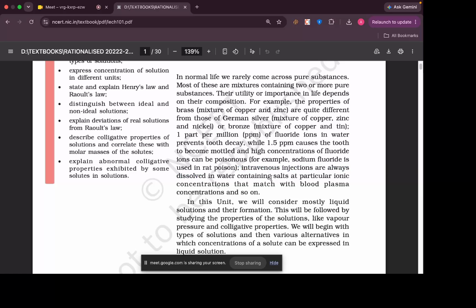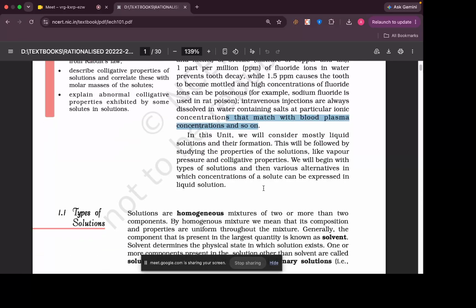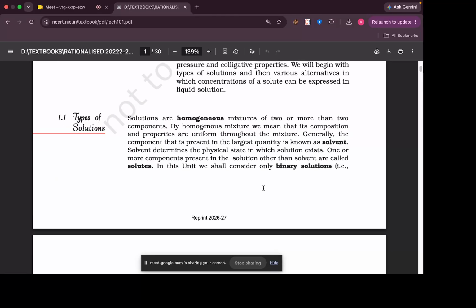In water containing salt at a particular ionic concentration, done. So that matches with blood plasma concentration and so on. So here you got a use case of solution. Solution means what? When you are mixing, like mixtures are there. Now another question in your mind will begin, that a mixture can be of any type. I can mix two liquids also, I can mix a liquid and solid also.